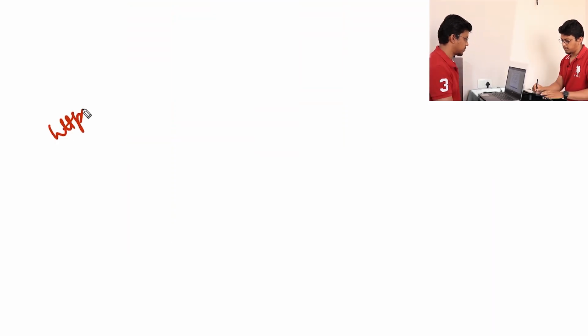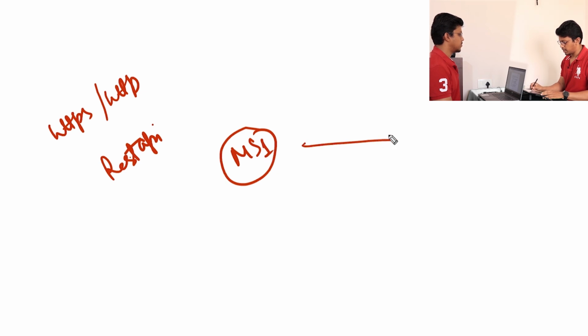They normally communicate using HTTPS or HTTP. So we use REST API to communicate between microservices. Microservice 1 and microservice 2 will communicate using REST.